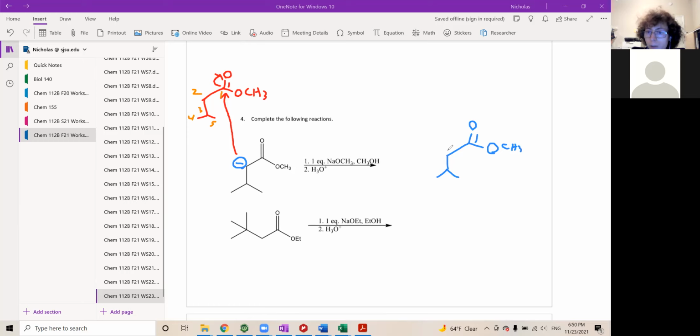We are forming a new bond at the alpha position in green here. Remember, there should be a ketone on the beta position, so I'm going to draw that in here, and then you should have the rest of the structure. So this is 1, 2, 3, 4, and 5, and I'll put the numbers there.